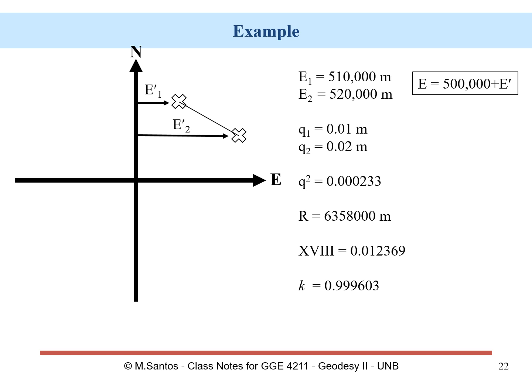This would be essentially the mean scale factor, which in practice we just call the scale factor. And we can see that it's 0.999603, so it is in the area of reduction of scale, which means that the point lies between the central meridian and the line of no distortion.